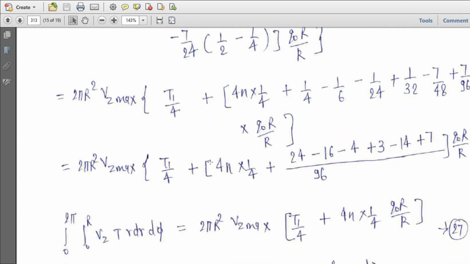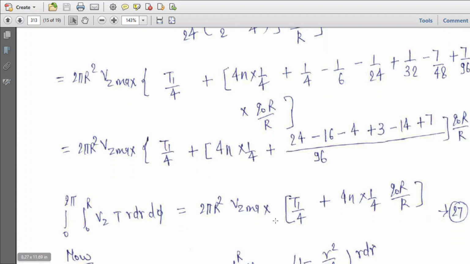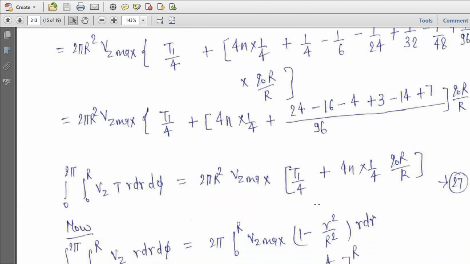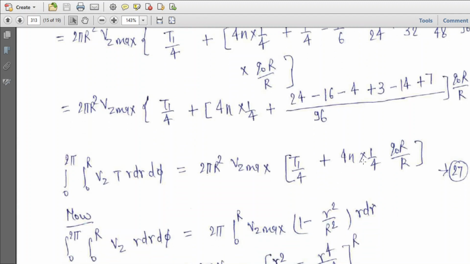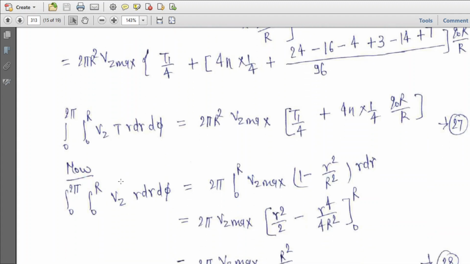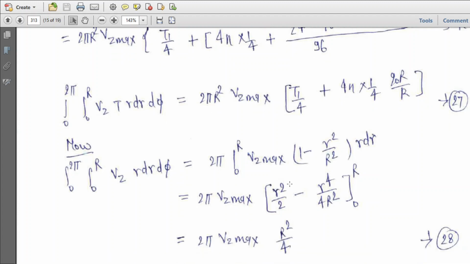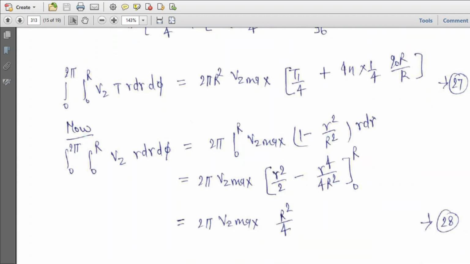So you substitute here, and if you solve it carefully you will end up with 2 pi R square Vz max, T1 upon 4, then q naught R upon k, into eta. Now you have Vz r dr d phi. If you integrate that with respect to r and phi, you will end up with 2 pi R square Vz max times R square upon 4.